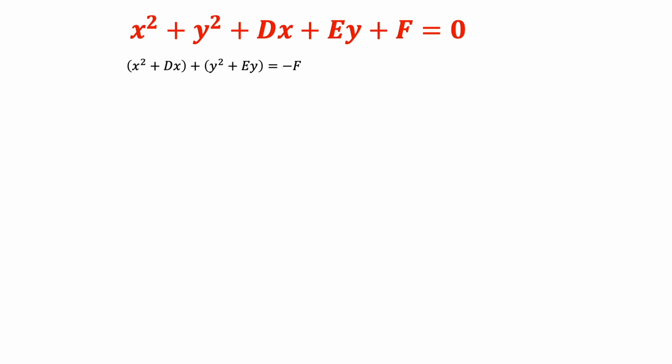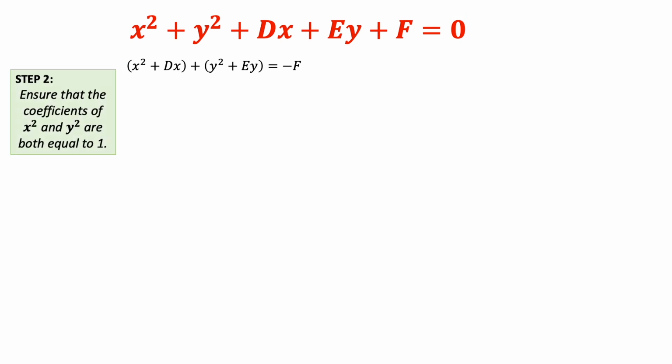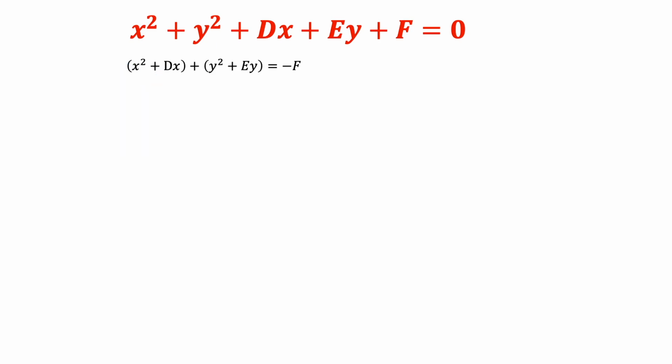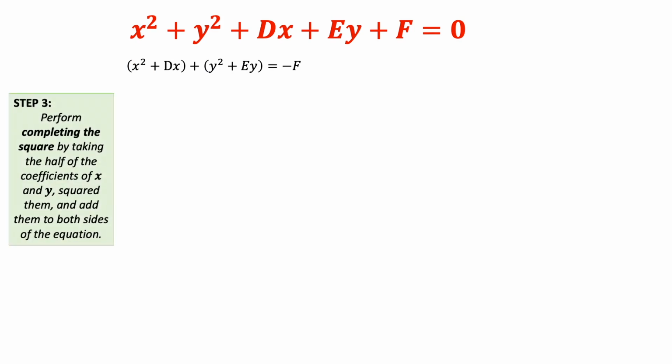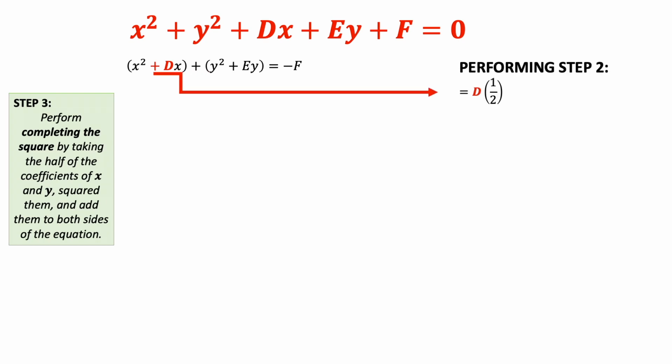In step number 2, I will need to ensure that a and b, the coefficients of x squared and y squared, are both 1. All good. Now, I will perform the completing the square following the same steps. I will take half of positive d by multiplying it by 1/2.